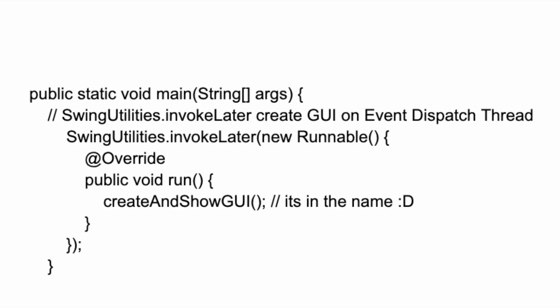This helps make sure that the components are all created on the event dispatch thread, which prevents weird threading bugs. And as you can see in this main method, it simply calls SwingUtilities.invokeLater with a runnable that calls createAndShowUI, which apparently is the safe way to launch Swing apps.